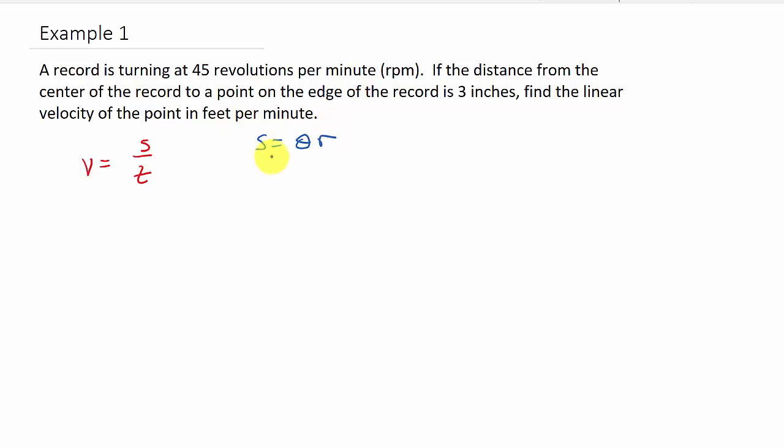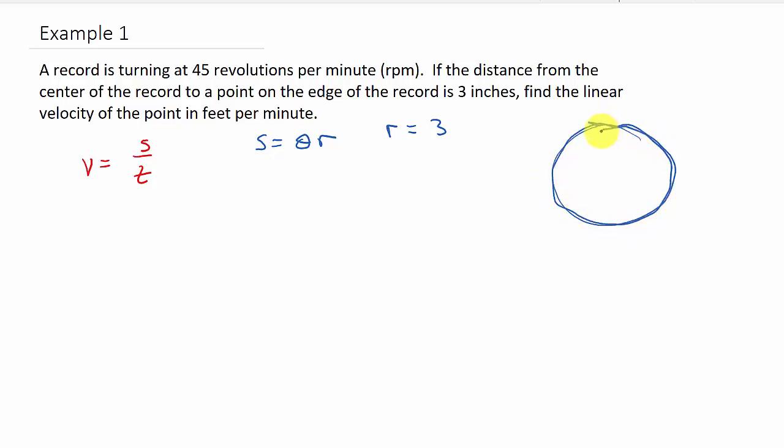All right, so we need to find S. Well, we can see that R, our radius, is the 3 inches. And then theta, well, let's see. What's the angle that it makes? Well, it's 45 revolutions per minute. So in 1 minute it goes around 45 times. And when it goes around one time, that's 360 degrees, but we need to be in radians. So instead of 360, that would be 2 pi.